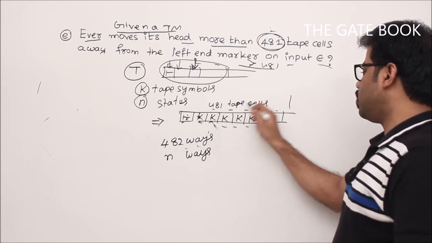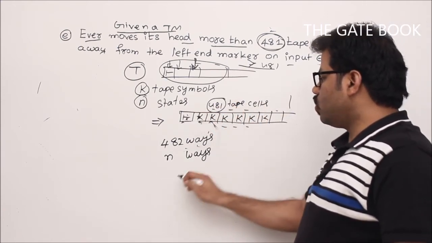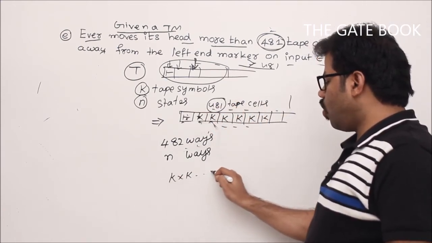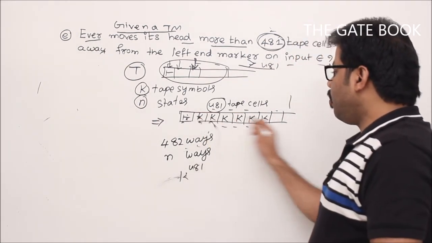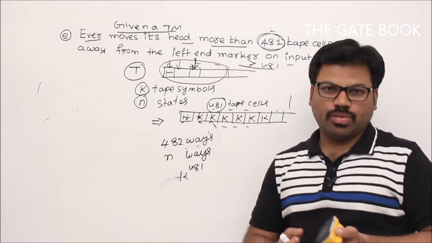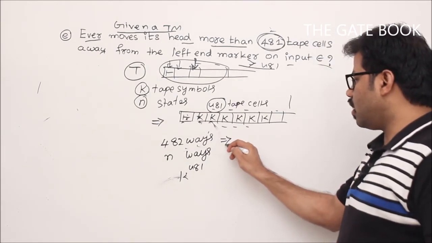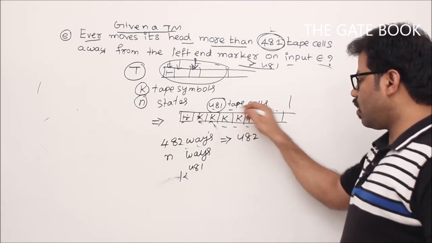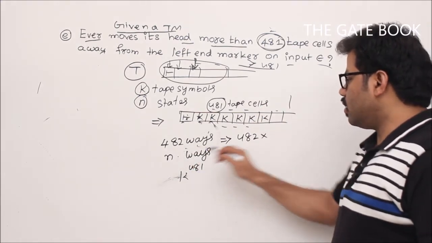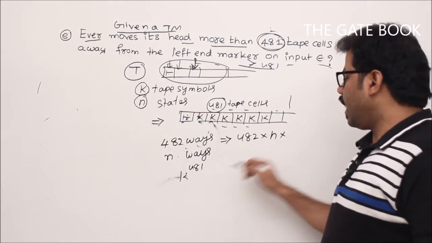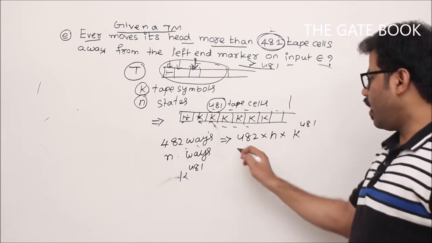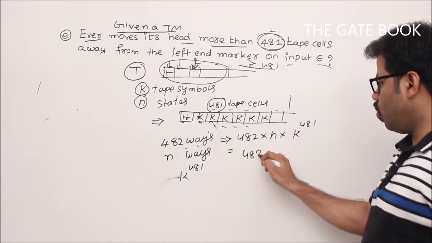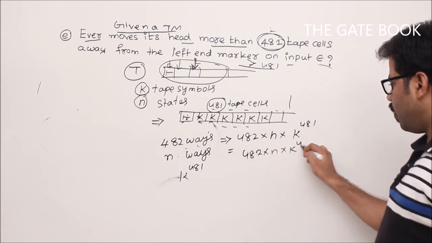How many such tape cells do we have? 481. So k into k, how many times? 481. k power 481 tape patterns are possible. Finally, the number of configurations is 482 pointer configurations into n state configurations into k power 481 tape cell configurations, correct?